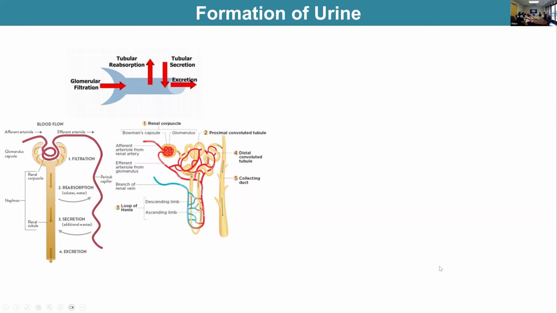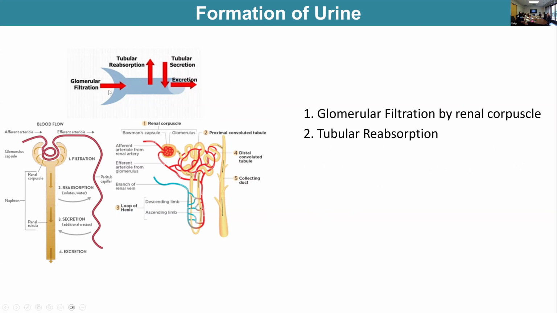So there are four main steps for the formation of urine. First, it's glomerular filtration, and the glomerular filtration occurs in the renal corpuscle. And then the tubular reabsorption. Once the blood is filtered in the renal corpuscle, it goes to the proximal tubule, where a lot of water is reabsorbed.